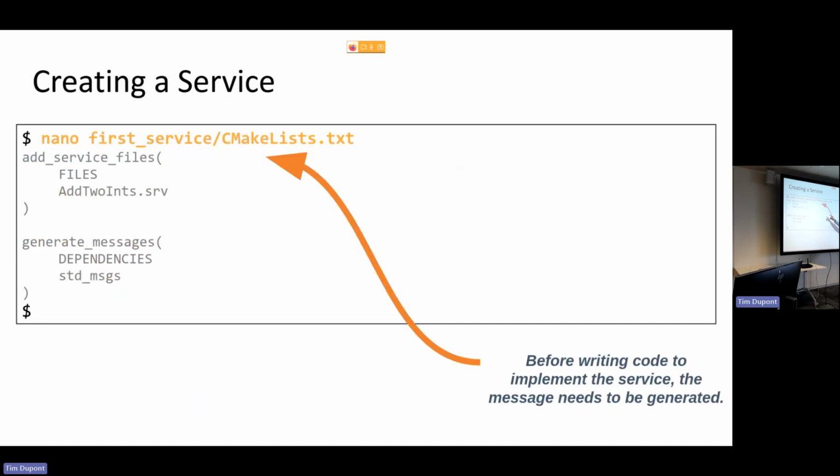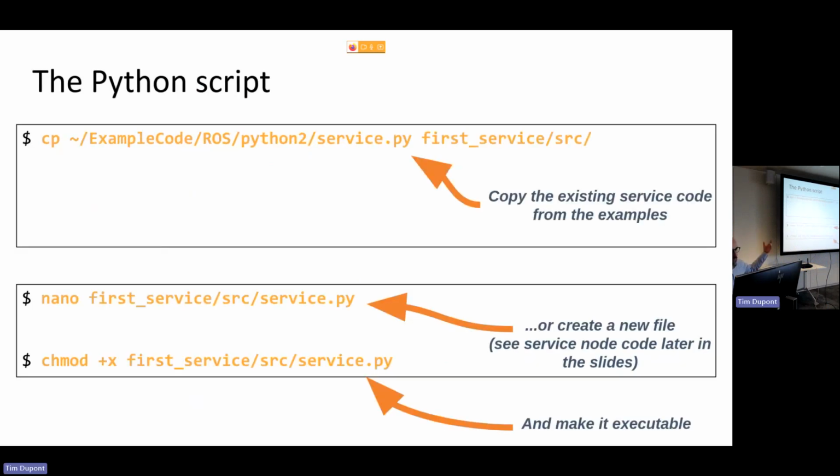If you want to create a service, there's a block, add service files, in the CMakeLists file of your package. You have to add your service, and in generated messages, you have to add the dependencies. Don't forget the S, something my students miss, and then it doesn't work. So it's a bit error prone, this part. You can just copy the service file if you want to.